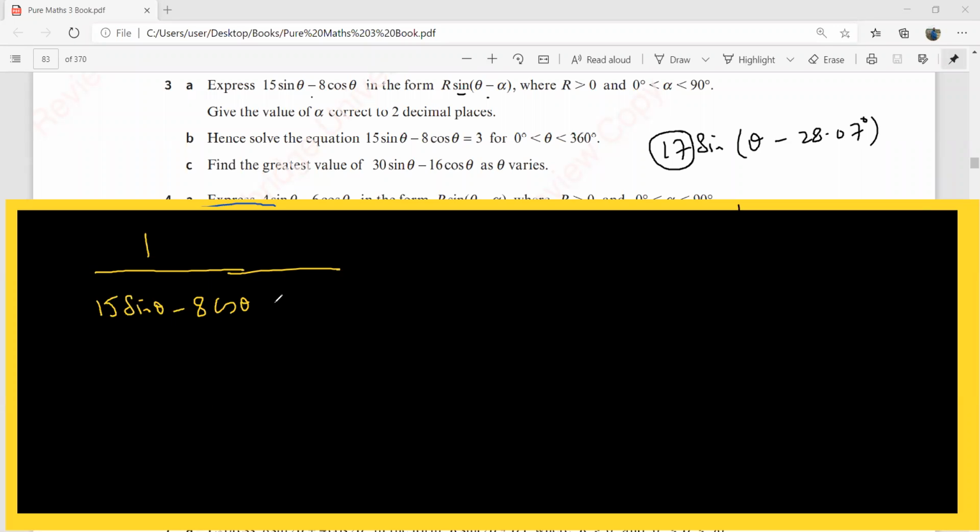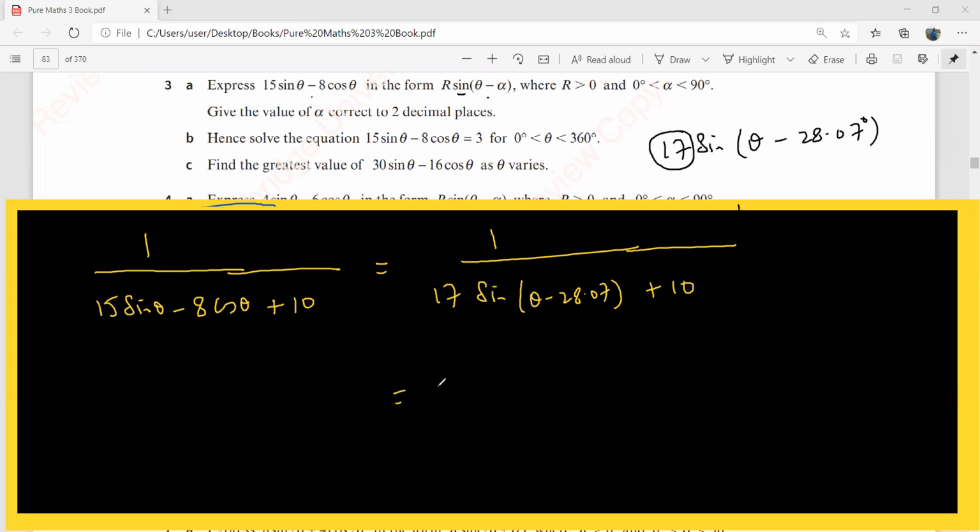Let's say you have plus 10 over here. He would say, find the maximum value of this. So you would write it like this, 1 over 17 sine theta minus 28.07, and then there is a plus 10 over here.